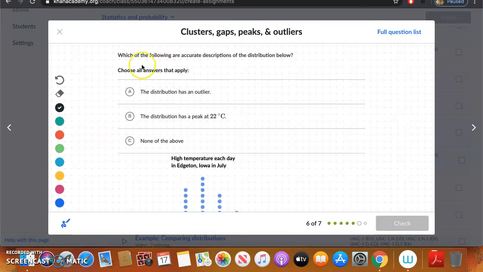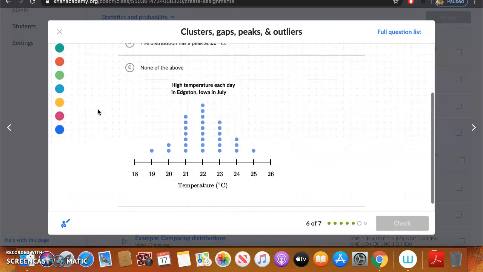Two more. Which of the following are accurate descriptions of the distribution below? Choose all that apply. So we have now a dot plot, right? And this looks pretty nice, doesn't it? High temperature each day in Edgeton, Iowa in July. So this looks pretty symmetric. It looks like a nice bell curve, right?